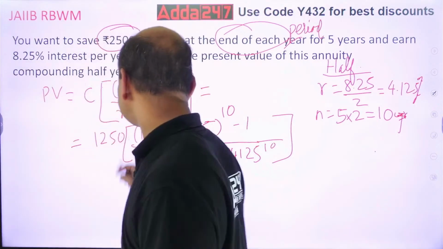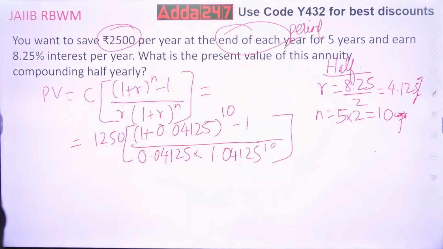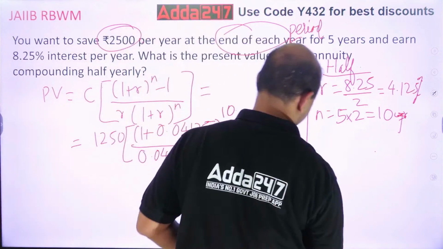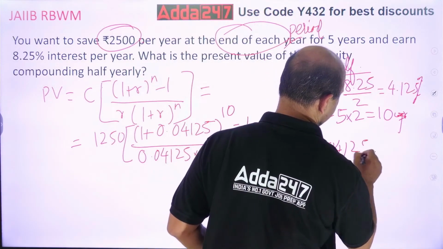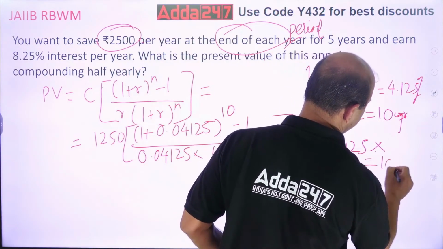So, first solve this 1.04125. How will you solve this? Raised to 10. So write it like this. I'll show you. See this. Write it like this. 1.04125 into, then press equal to 10 times.